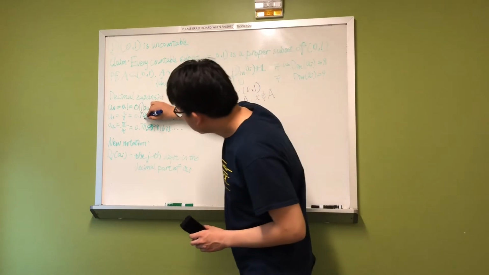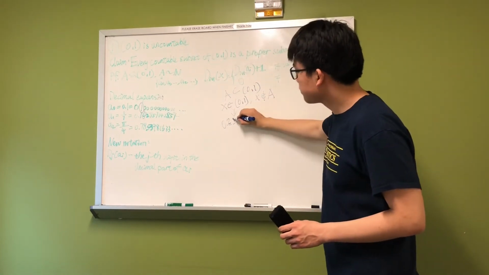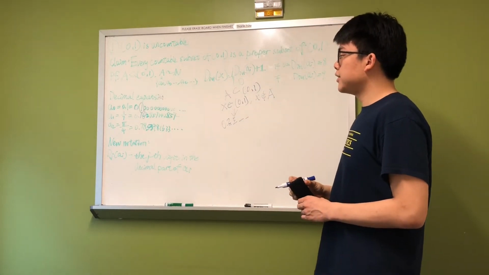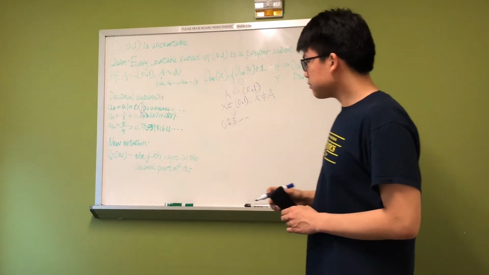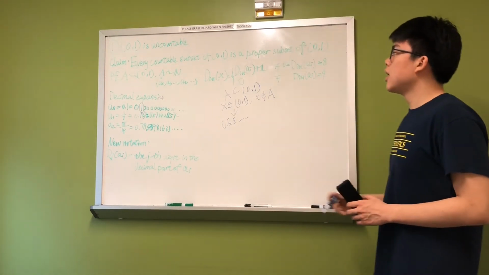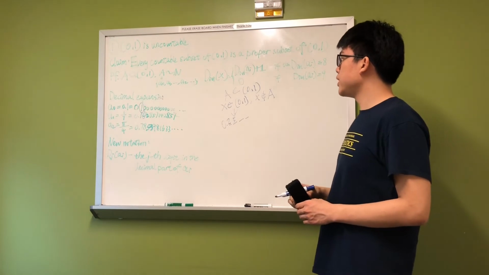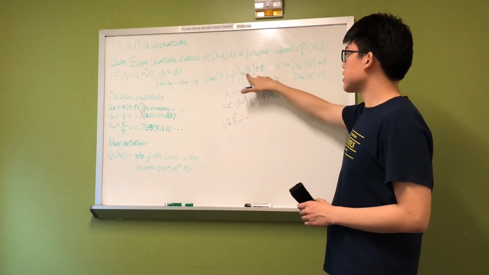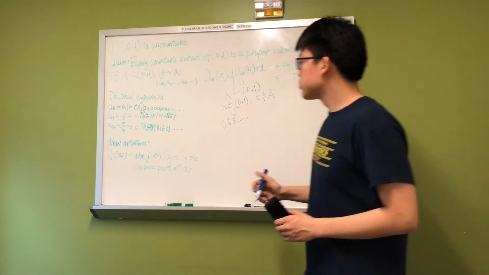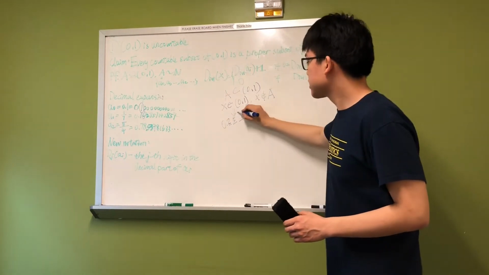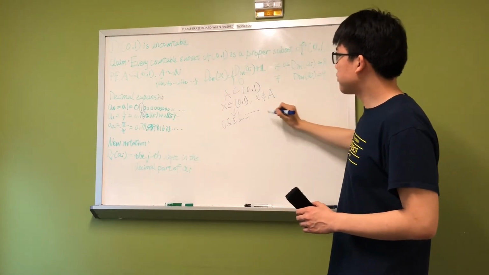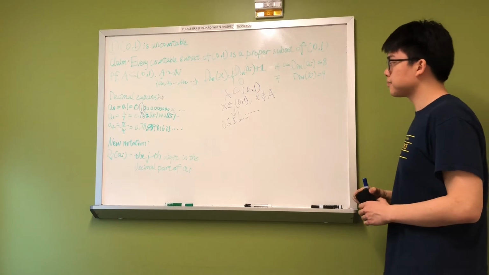So it's 4 plus 1, which is 5. And its third digit in the decimal part of x should be the third digit in the decimal part of a2 plus 1. So it's 5 plus 1, which is 6. And we keep doing that for every element in A.